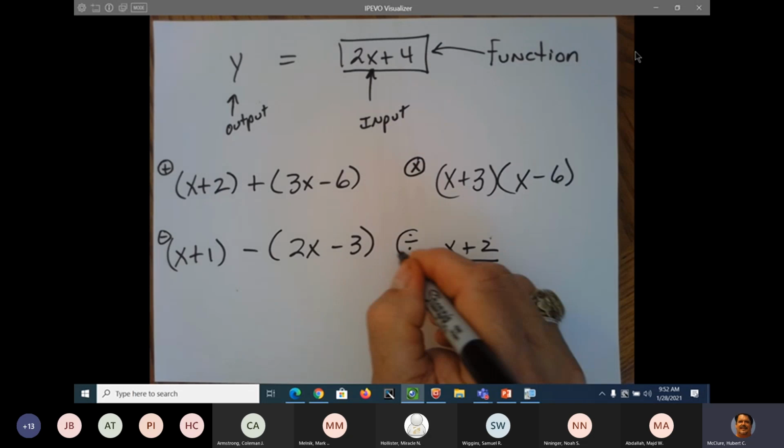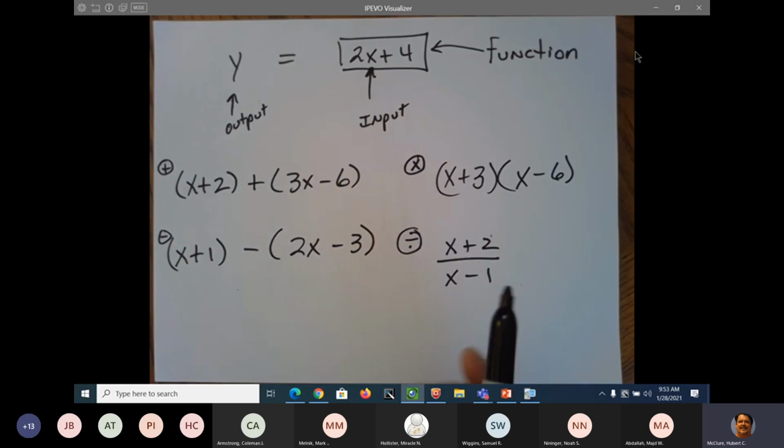Now I'll go ahead and tell you the division you can't do anything with, because there are only certain division problems that you could actually work with. Usually the degree of the numerator is higher than the degree of the denominator, so you can work with those.